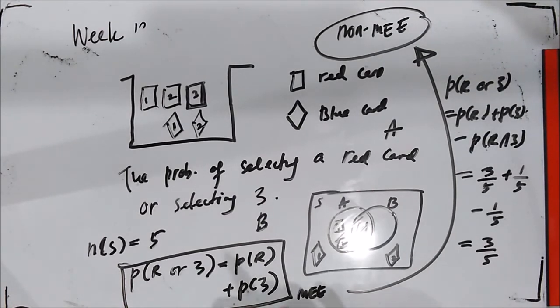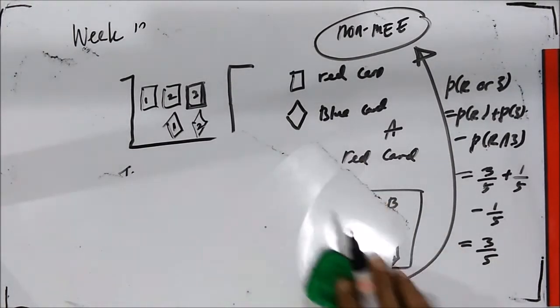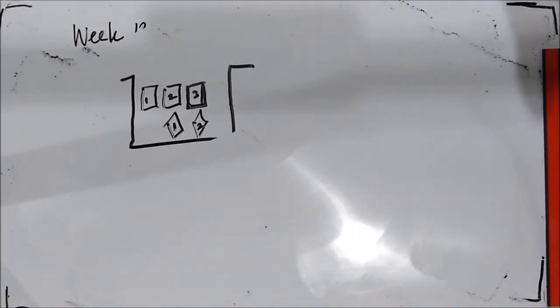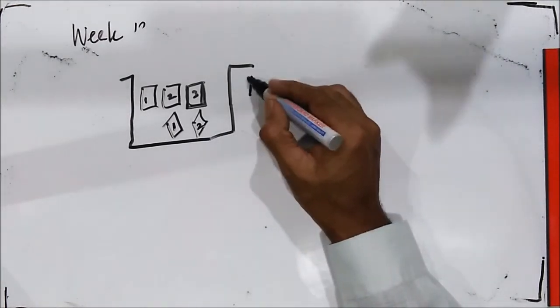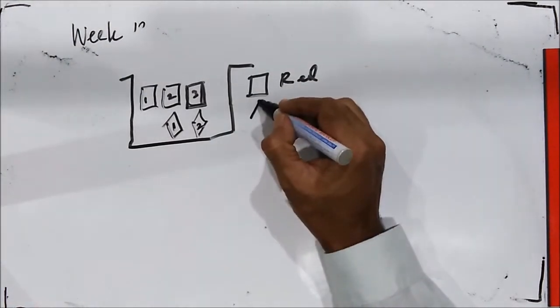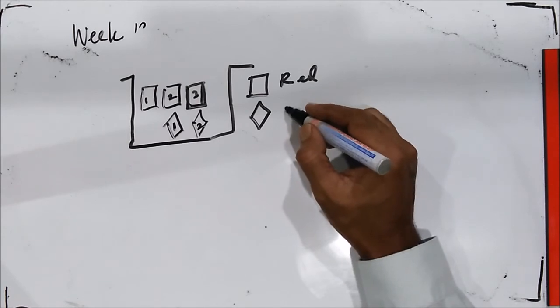Now, let's say for the case of non-exclusive events, I want to find the probability of getting a red card and a blue card.